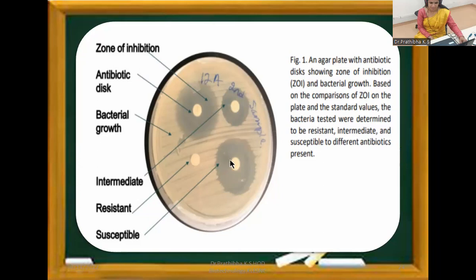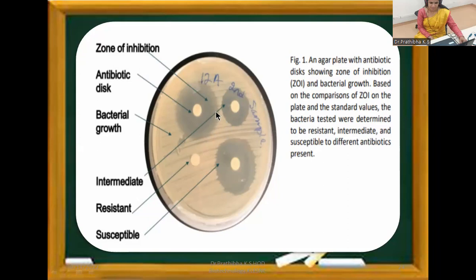Here you can see the zone of inhibition and bacterial growth. Based on the comparison of the zone of inhibition (ZOI) on the plate, the standard values of the bacteria tested were determined to be resistant, intermediate or susceptible to the different antibiotics present.